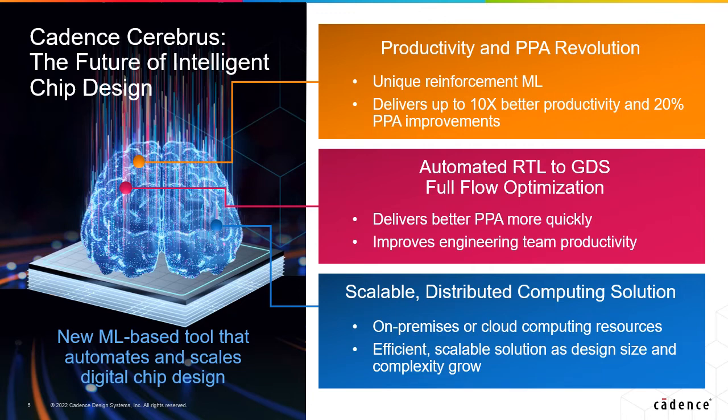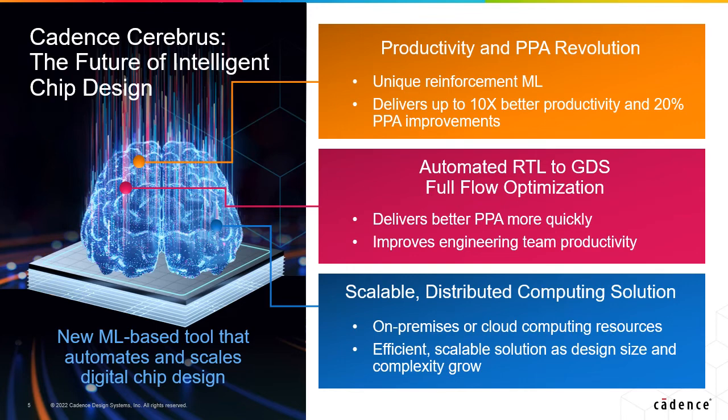Cerebrus is a full flow RTL to GDS2 optimization tool. This is critically important as the flow changes during Genus RTL synthesis will affect later flow changes during Innovus implementation and vice versa. So you have to consider the full flow to achieve global PPA improvements.